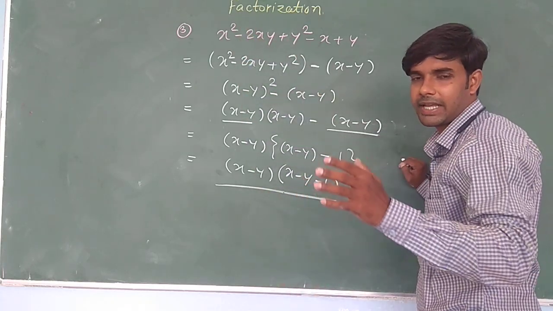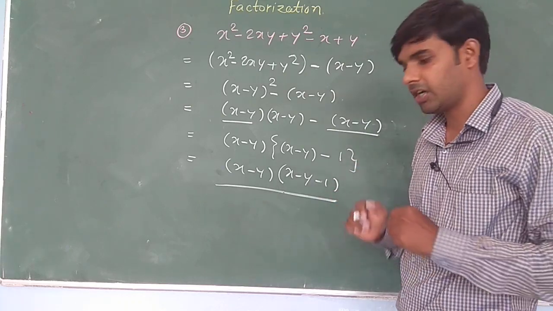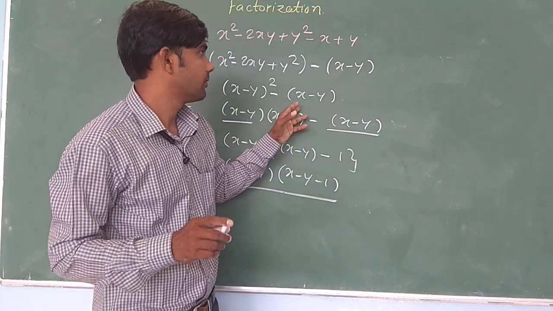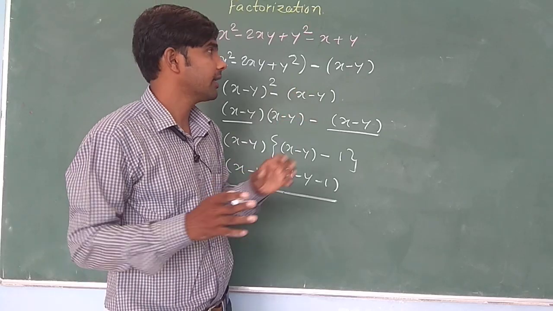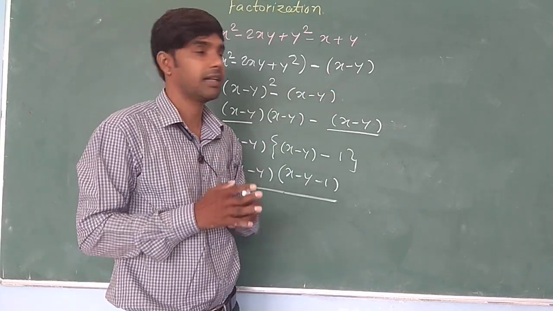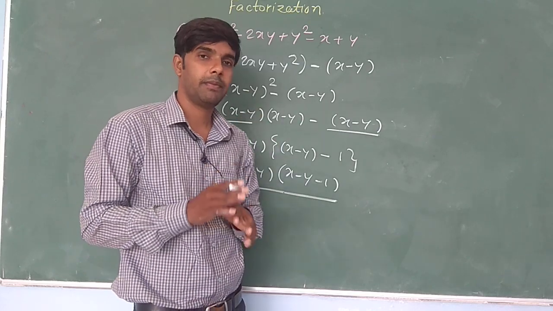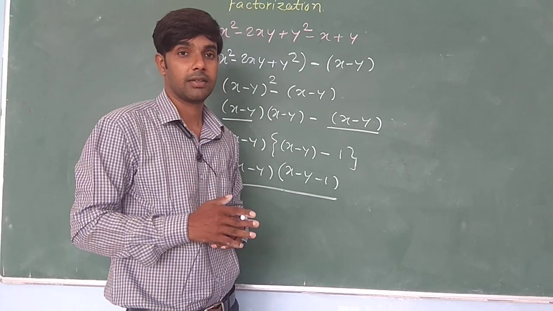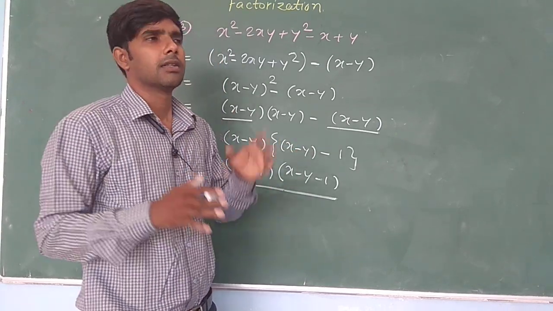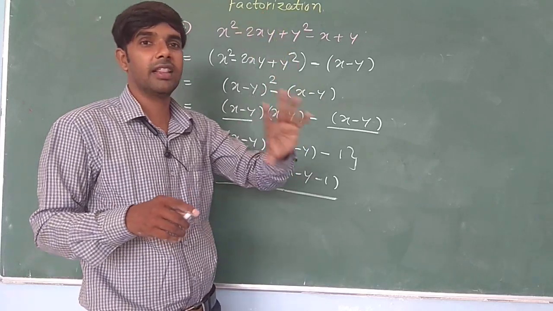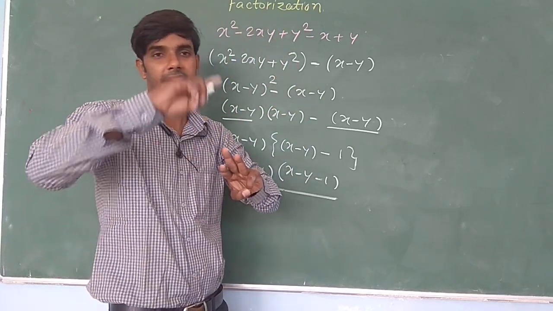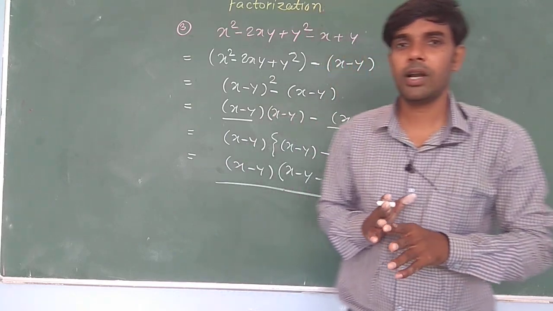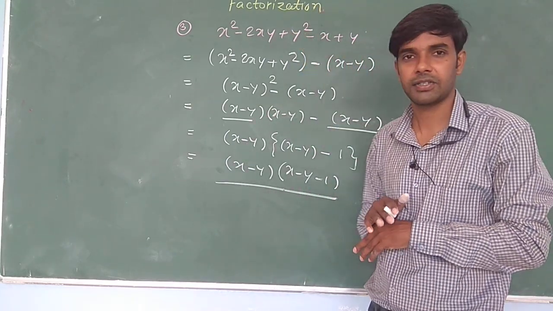In some examples you have to make some adjustment or rearrangement of the given terms, because you need your expression in standard form, that is a minus b bracket square, or a plus b bracket square, or a square minus b square, or a plus b another bracket a minus b. So think only of three identities, first, second and third, and practice more such examples, then you will never lose marks in factorization questions.